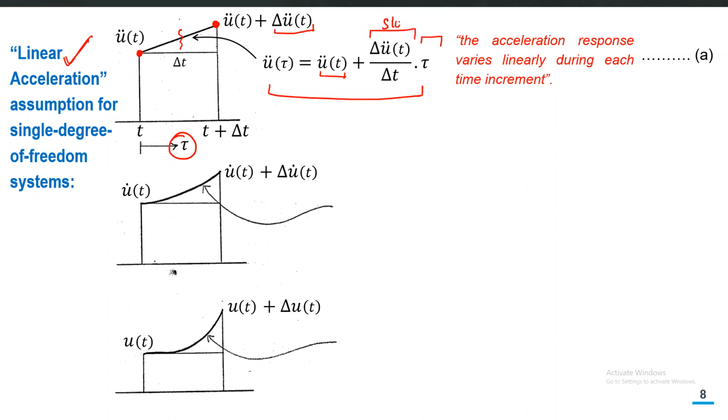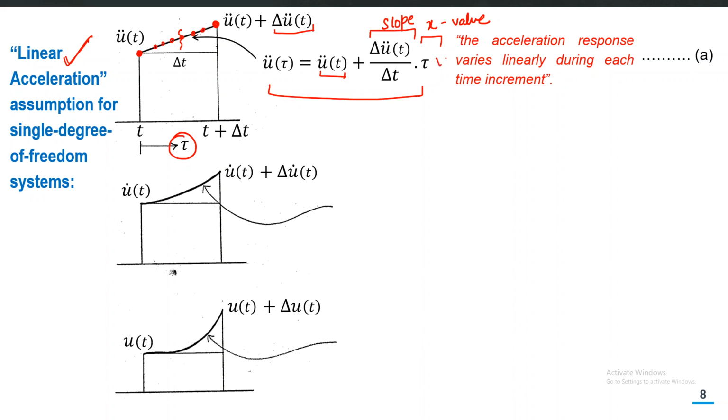So this is the slope and this is the x value. At any time instant t equal to tau, you can calculate any intermediate value of acceleration by just following the equation of a straight line.